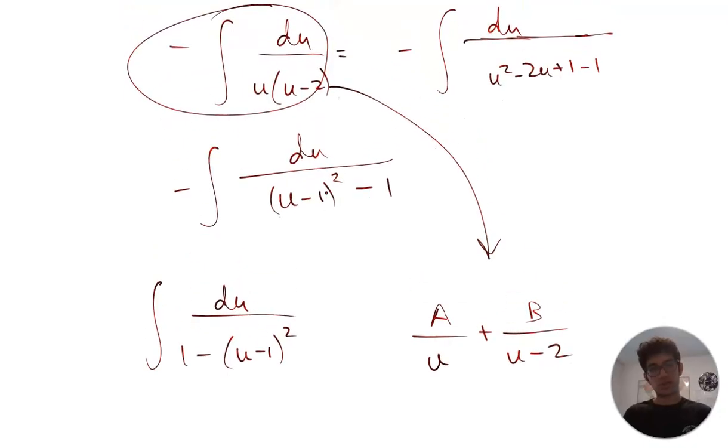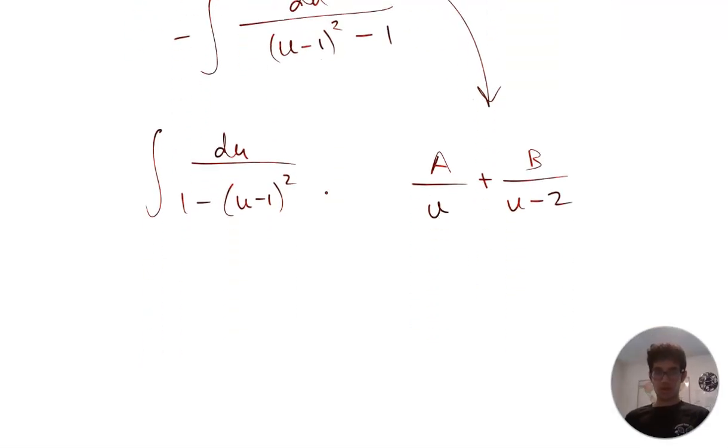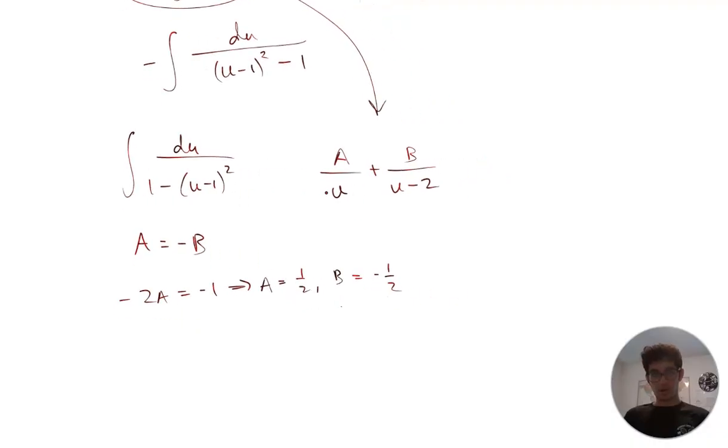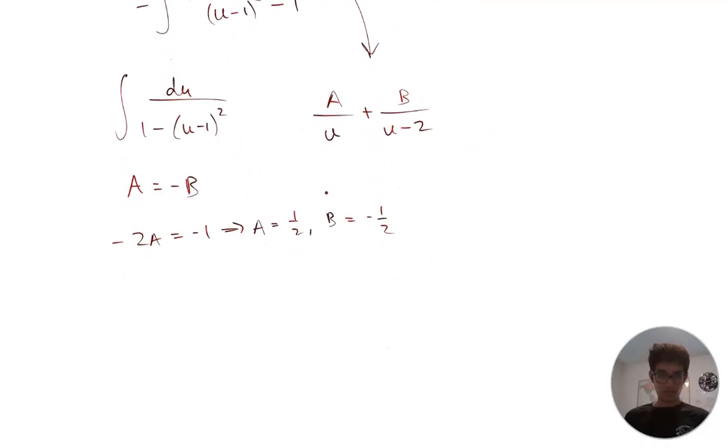right? And what is this going to give us? This should end up giving us -1 on the top, right? So a equals -b, and then -2a equals -1, which means a equals 1/2 and b equals -1/2. So now let's plonk these into our equation.